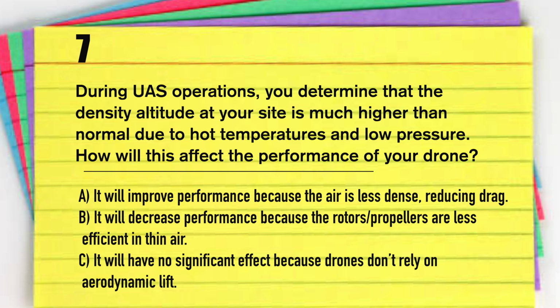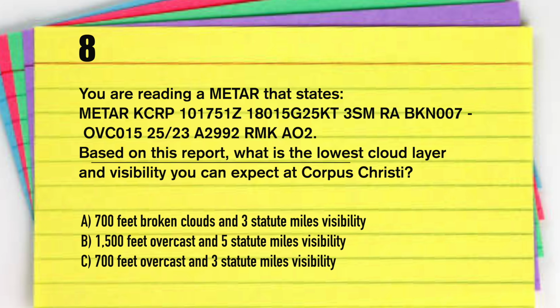Or C. It will have no significant effect because drones don't rely on aerodynamic lift. This can be a difficult question for most of you, but remember, we're referring to density altitude and not air density.